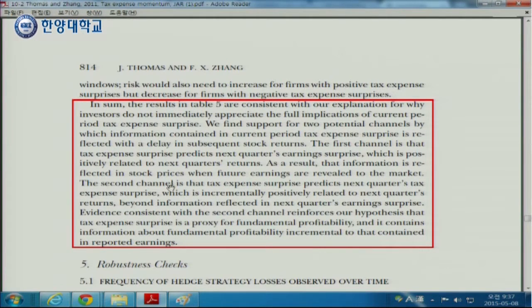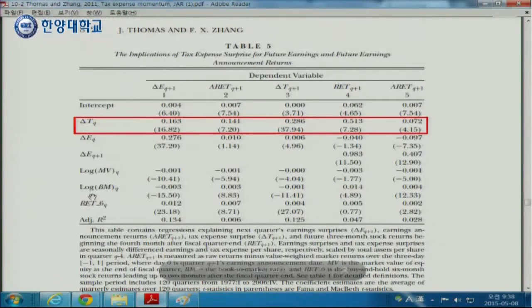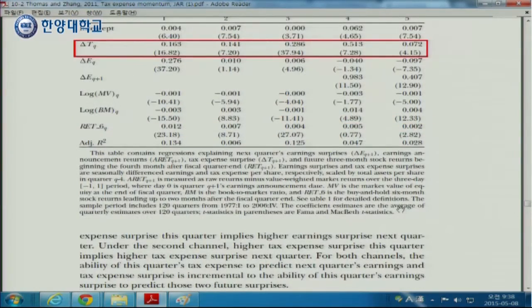The second channel is that tax expense surprise predicts next quarter's tax expense surprise, which is again incrementally positively related to the next quarter return beyond the information reflected in next quarter's earnings surprise. See? Yeah, beyond the information contained in next quarter's earnings surprise, this part.